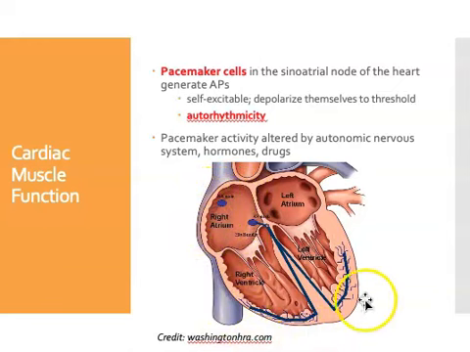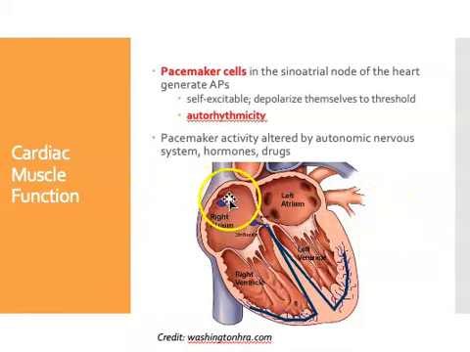This is an image of the heart, and the heart has been cut so that we can peek into the four chambers. We've got a right atrium, a left atrium, a right ventricle, and a left ventricle. These are the cavities, the chambers inside of the human heart. You can see the blood vessels, the great vessels surrounding the heart here. Some are bringing blood to the heart, some are carrying blood away from the heart.